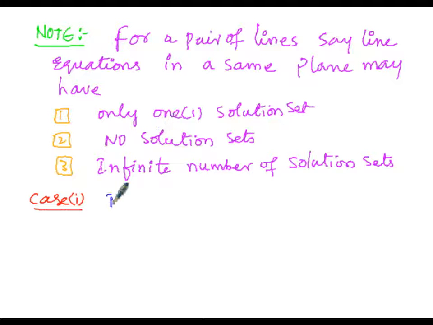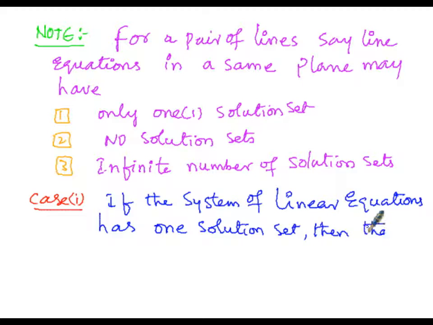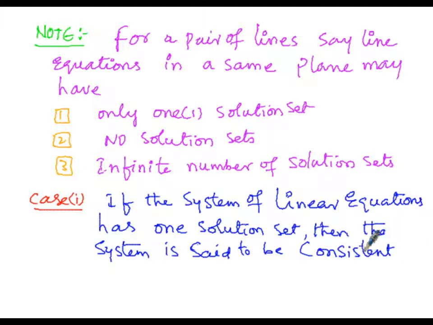So if the system of linear equations has only one solution set, then the system of simultaneous equations is said to be a consistent system of linear equations.